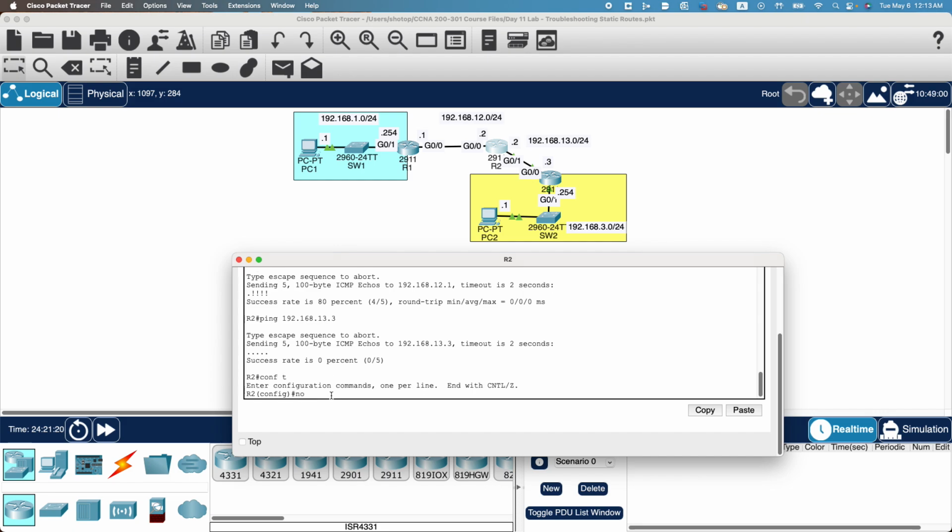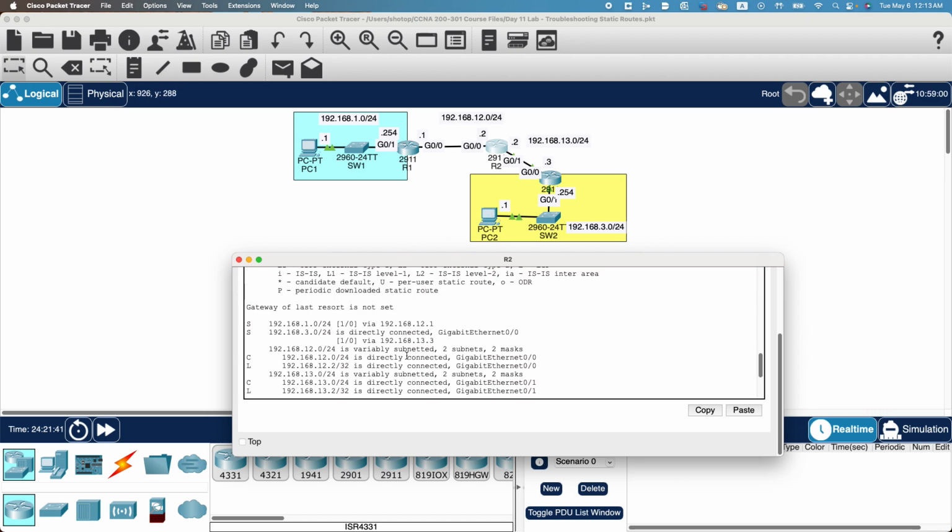Okay, so conf t, no ip route to 192.168.3.0/24, whatever I said, via gigabit 0/0.